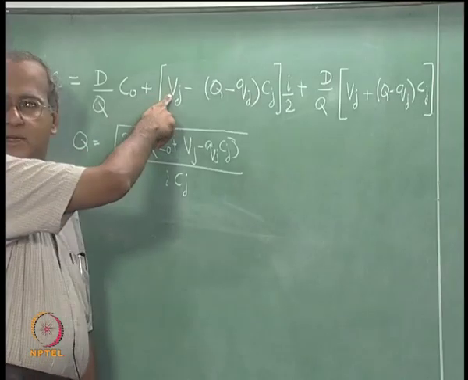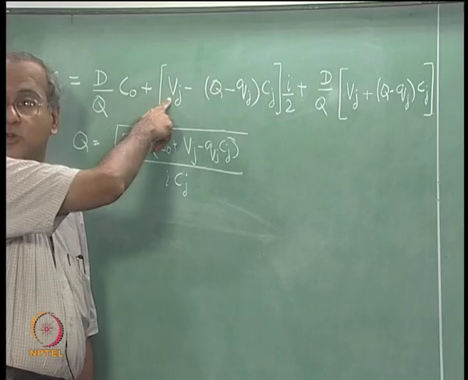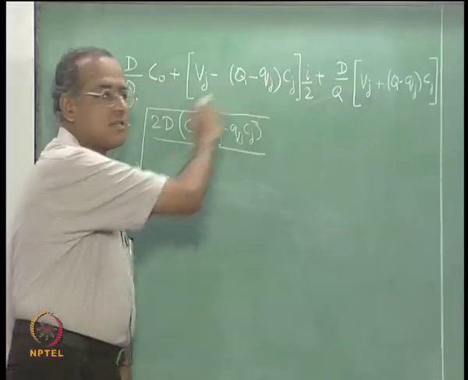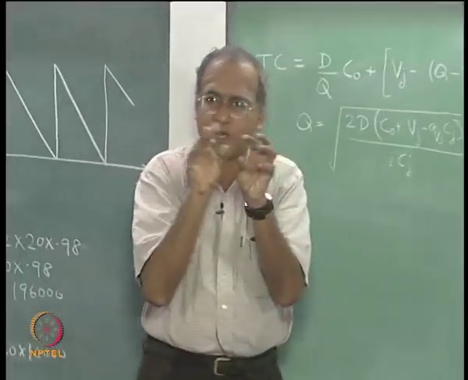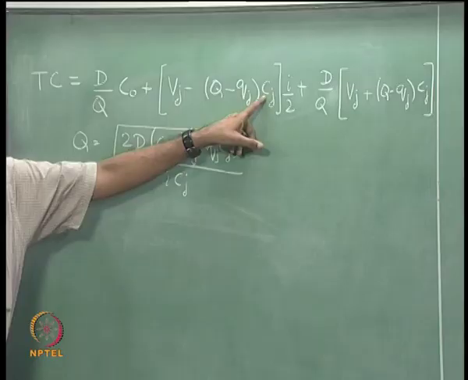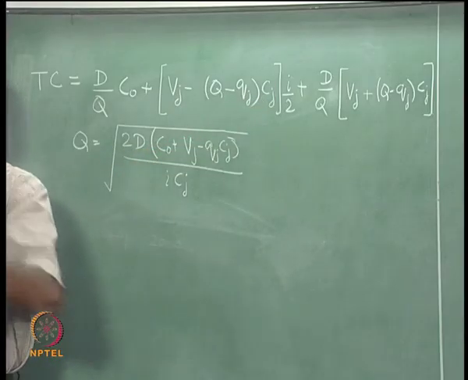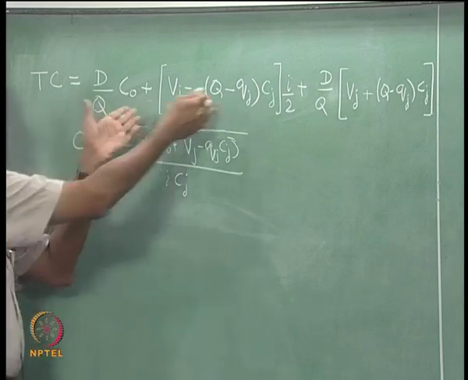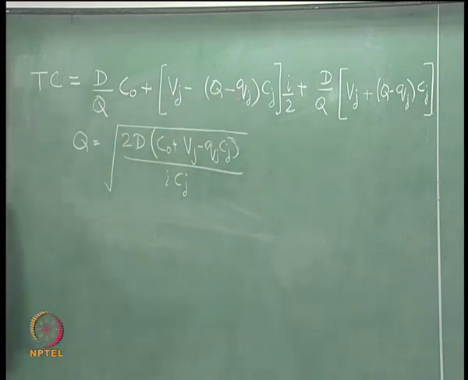Vj is the value for the first 2000, Q minus Qj, 3000 minus 2000, which is 1000, into Cj, which is the new value 19. So, this is the expression for the money value for the item that is bought.